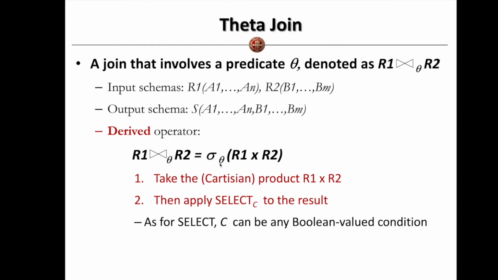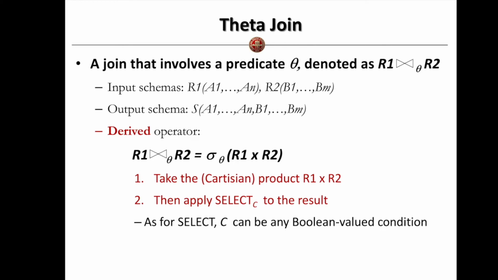This condition is defined by the theta, this predicate. Therefore, we say this theta is also condition before, right? Because we use the theta here for the sigma as a condition. We have sigma theta, the condition, which is a subscript, and parentheses. Inside the parentheses, we have R1 times R2 as the relation we're working on here.